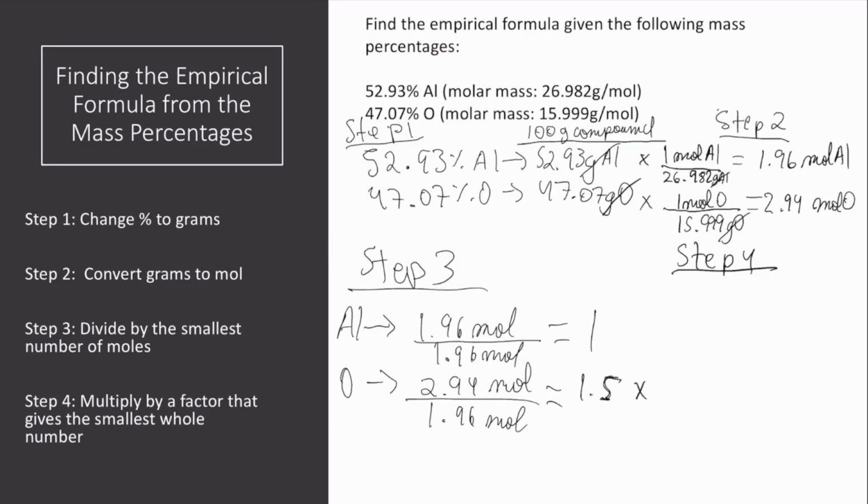In this case, it would be times 2. So this gives us 2 for aluminum and 3 for oxygen. And with these numbers, we write the formula: 2 for aluminum and 3 for oxygen. And this is the empirical formula for aluminum oxide.